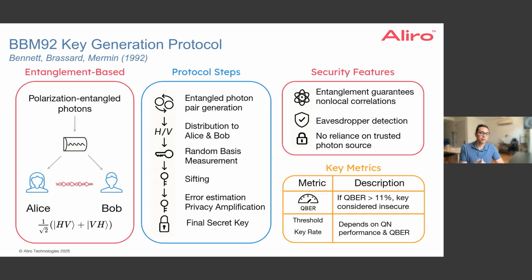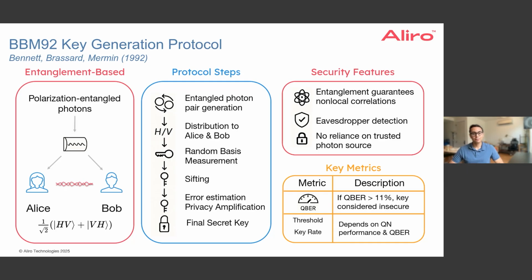But that randomness is really important in driving the security properties of BBM92 and most any QKD protocol. So Alice and Bob, they don't coordinate which basis they're going to measure in. And that's actually a security feature. So Alice and Bob will do this random selection independently of each other.